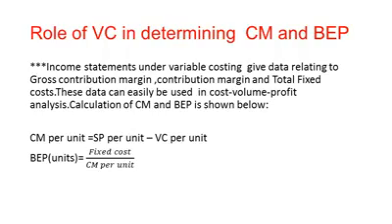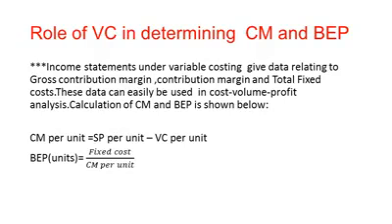Role of variable costing in determining contribution margin and break-even point. Okay, income statements under variable costing give data relating to gross contribution margin and total fixed cost. Actually, this data can be used in cost-volume-profit analysis.